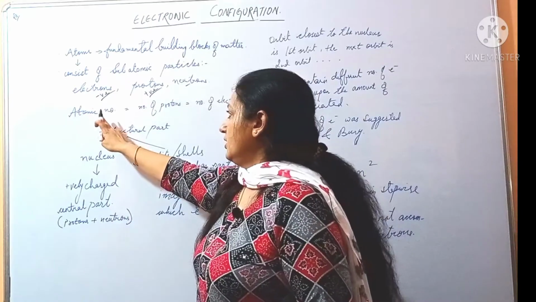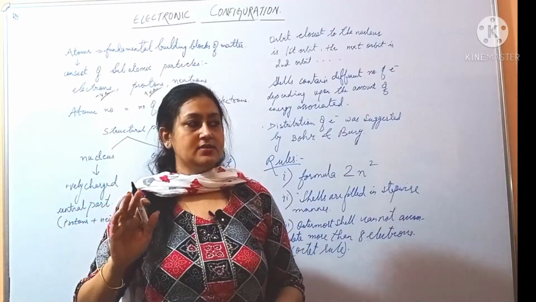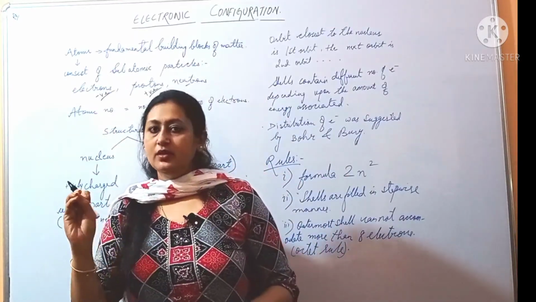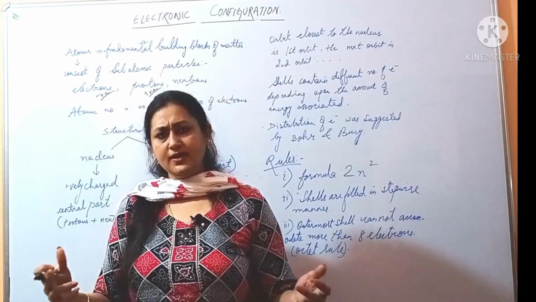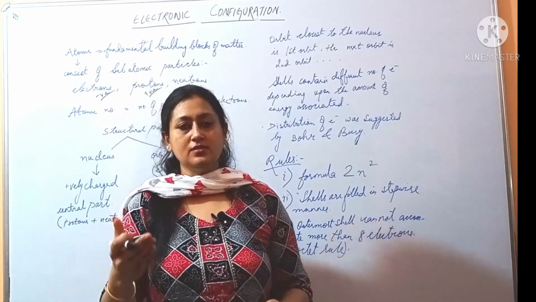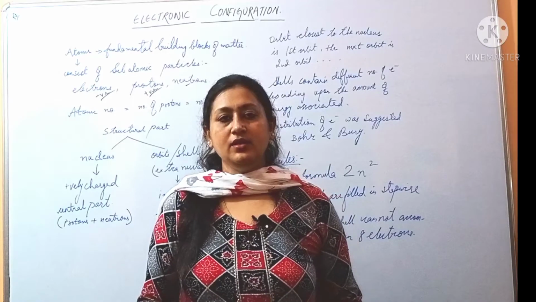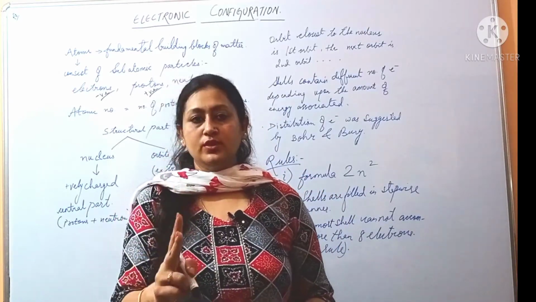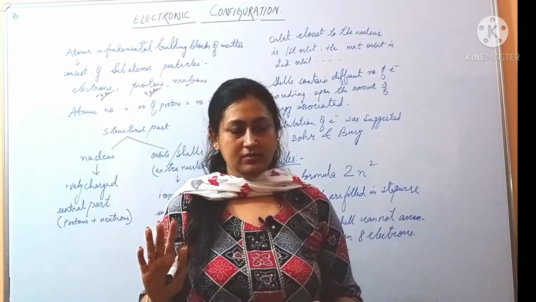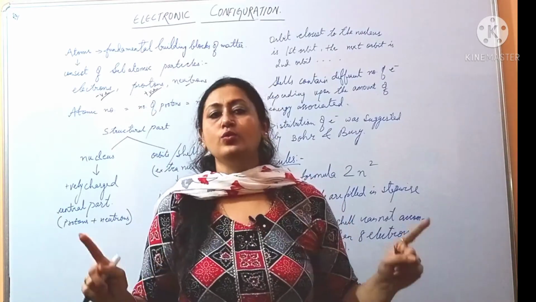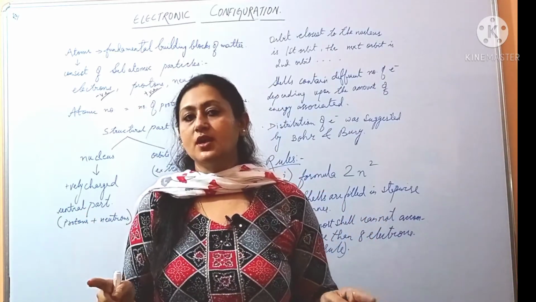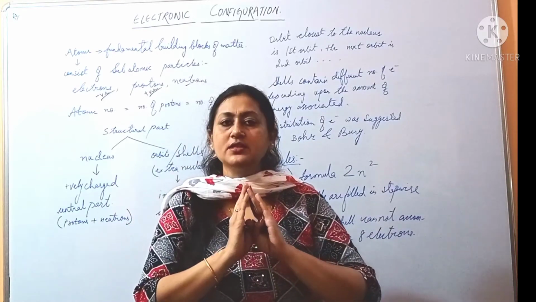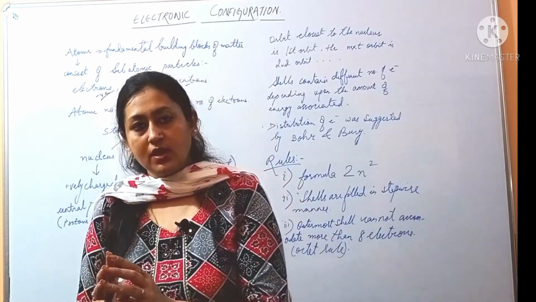Fine. Now, every atom has a specific atomic number. For example, you all must be having a roll number in your class. Now, no two students can have the same roll number. Likewise, no two elements, no two atoms can have the same atomic number.